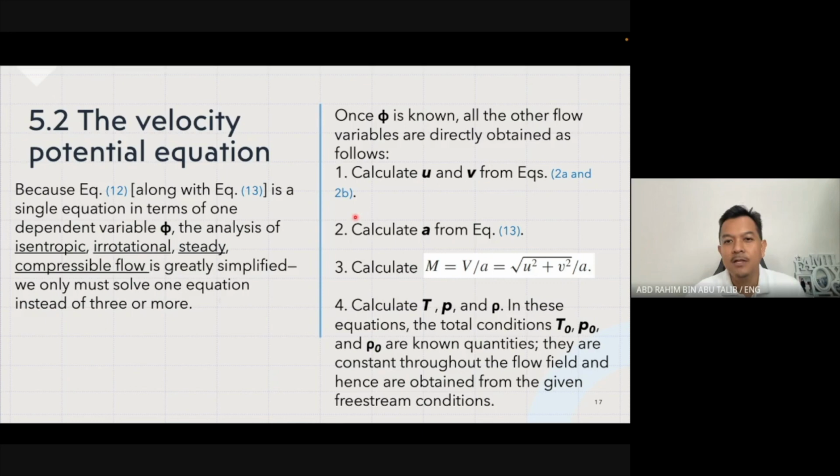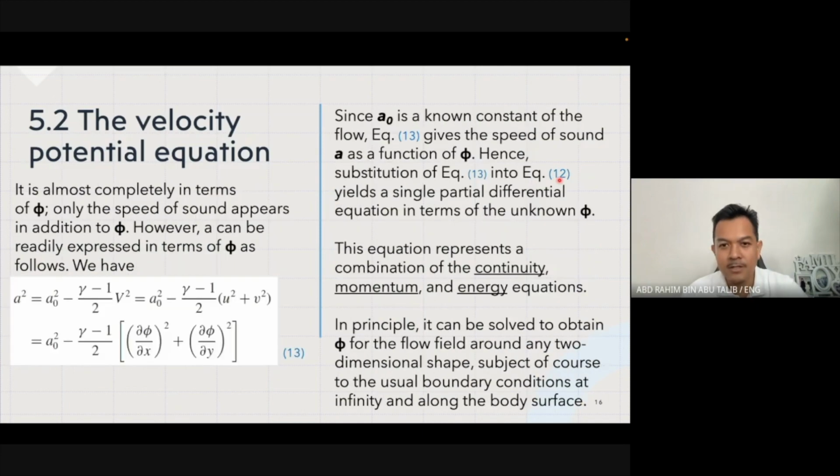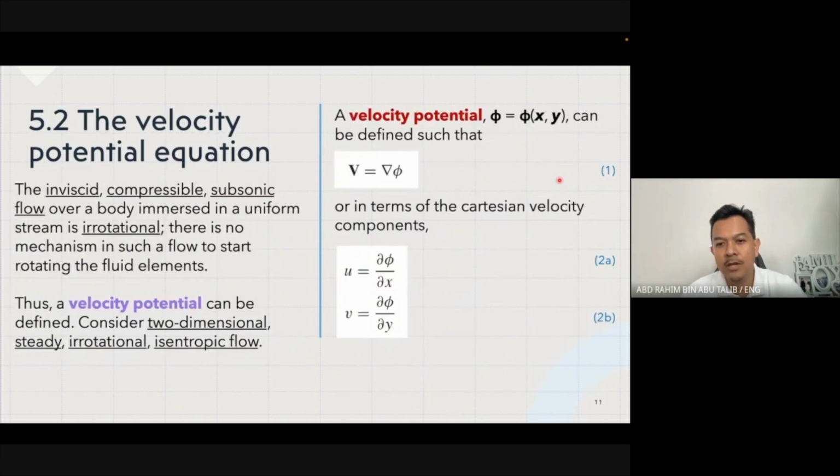Once the velocity potential phi is known, all the other flow variables are directly obtained as follows. You can calculate the velocity components u and v from equations 2a and 2b. Let's just revisit equations 2a and 2b.